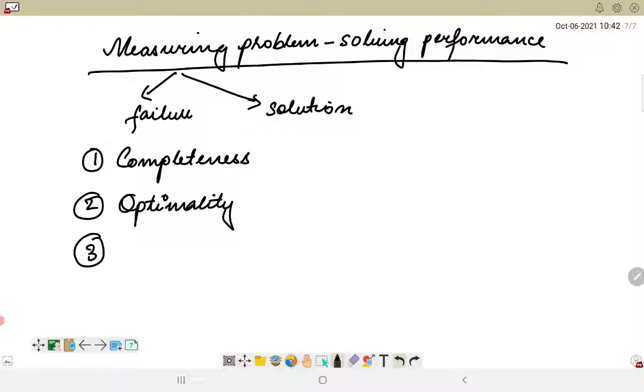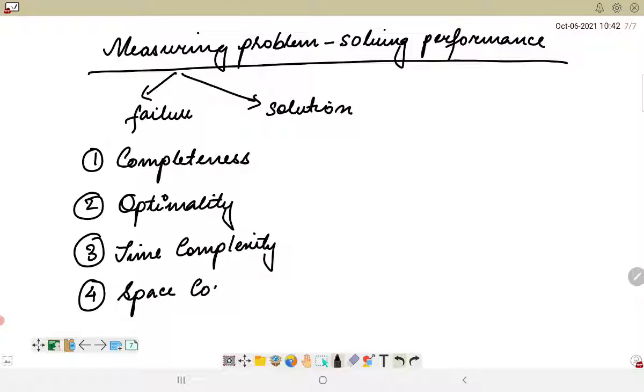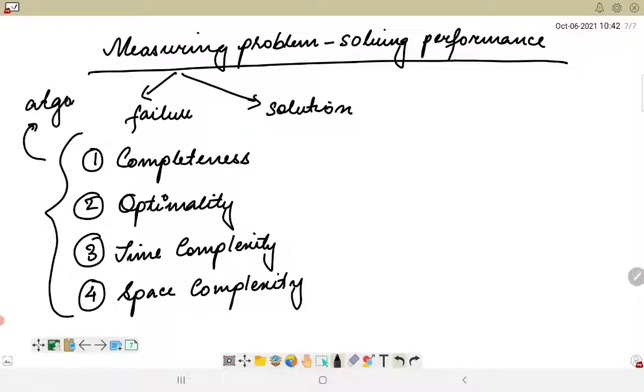The third is time complexity, and the fourth one is space complexity. So these are the 4 different parameters which will be judging the performance of an algorithm. So how good our algorithm is can be judged by this.